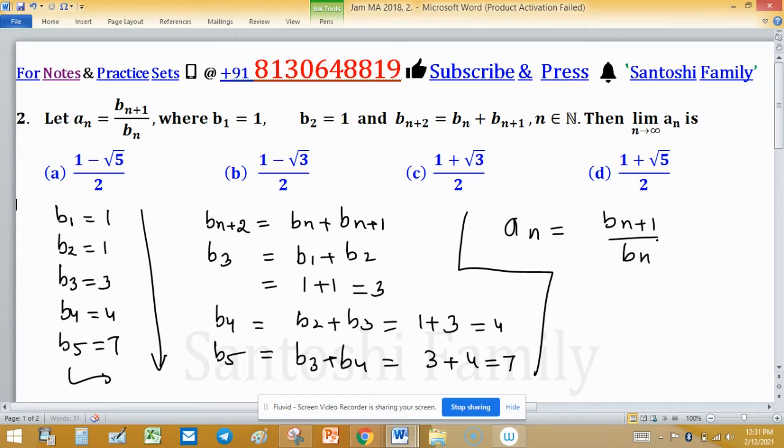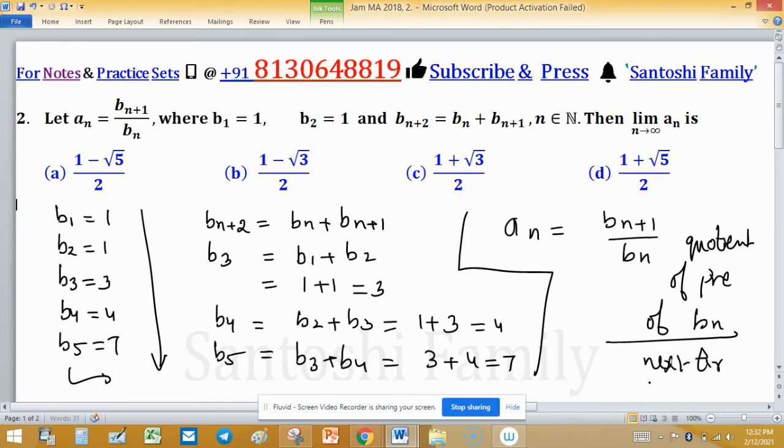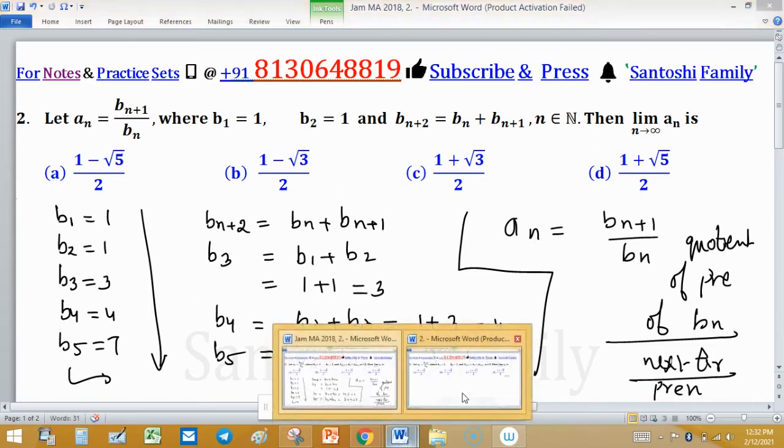This is nothing but the quotient of the previous two terms of b_n, meaning the next term divided by the previous term, consecutively. b_n is defined like this. Now come to the solution.